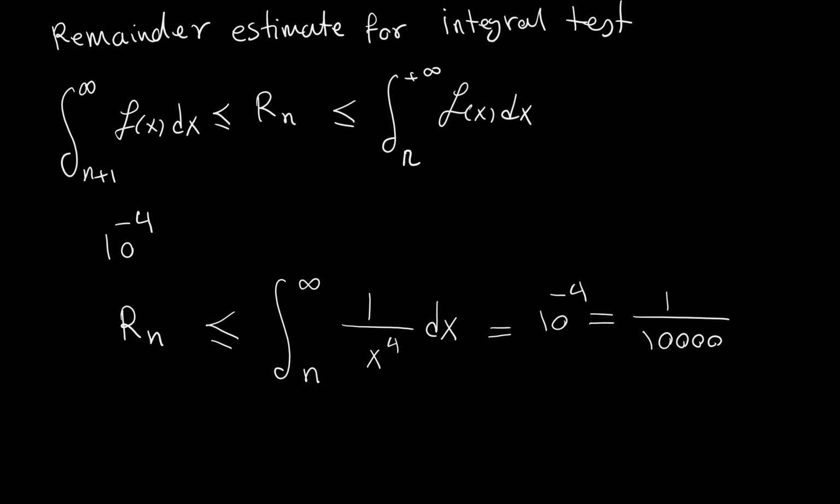I don't know about Rn, so this is not equal, sorry, it should be less. And now I work with this part. So the integral of 1 over x to power 4 dx from n to positive infinity is less than this number, and I solve the integral.